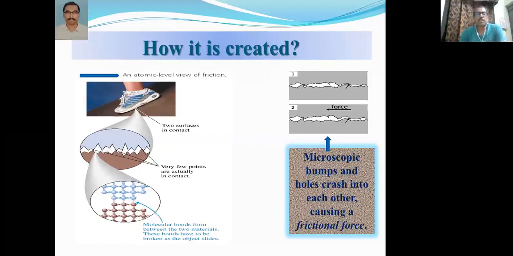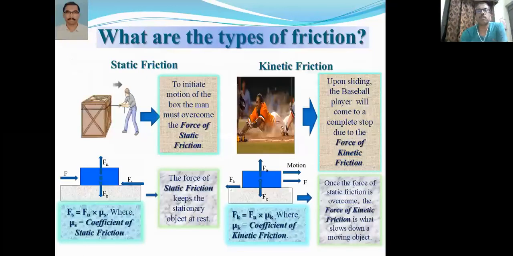Most points are crests and troughs, which are interlocking and prevent the surfaces from going over each other. In the microscopic view, we can clearly see the bumps and holes crash into each other when they go over each other. This causes the frictional force.